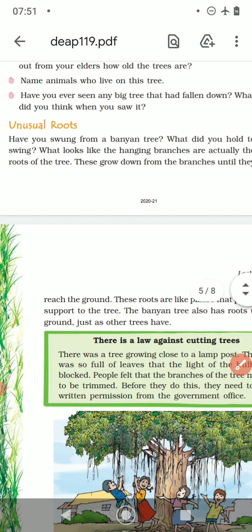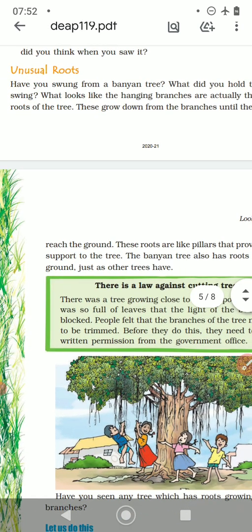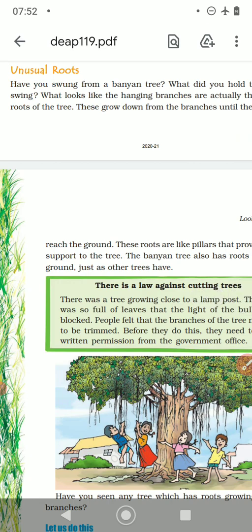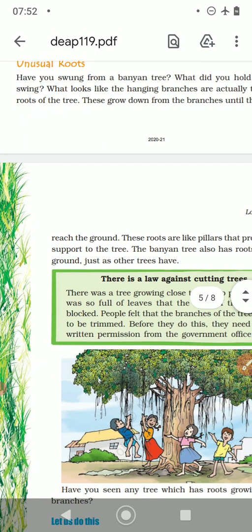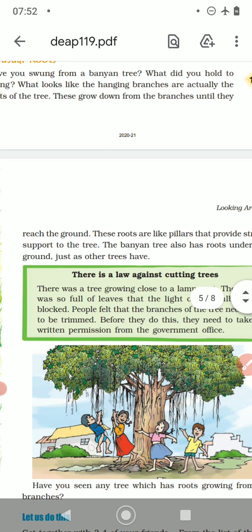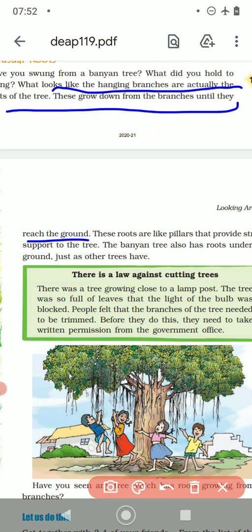Moving ahead. What did you hold to swing? What looks like hanging branches are actually the roots of the trees. These grow down. This is important, children. The hanging branches are actually the roots of the trees, and these grow down from the branches until they reach the ground.